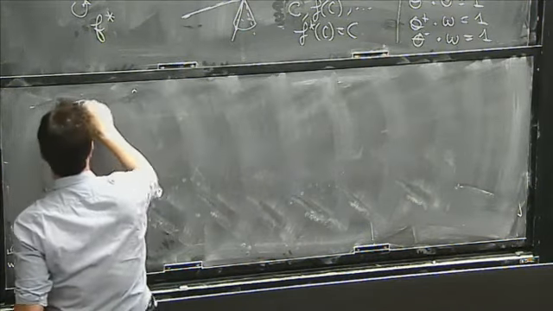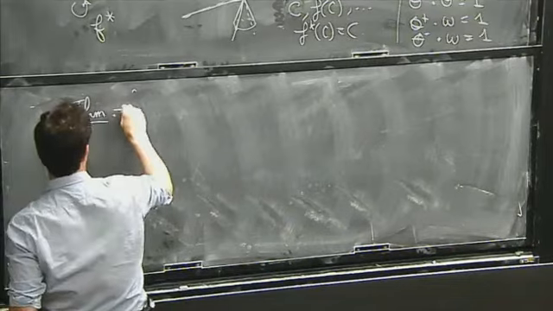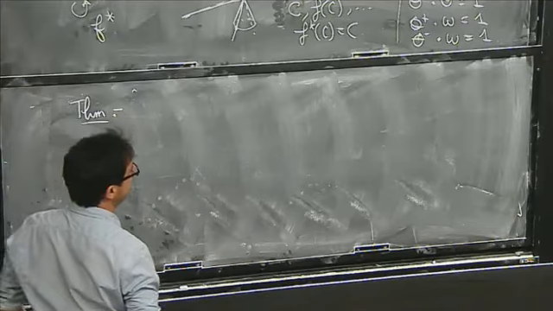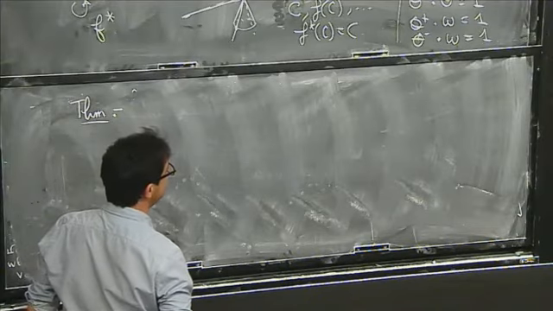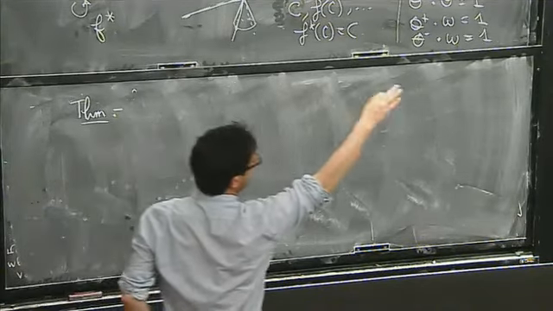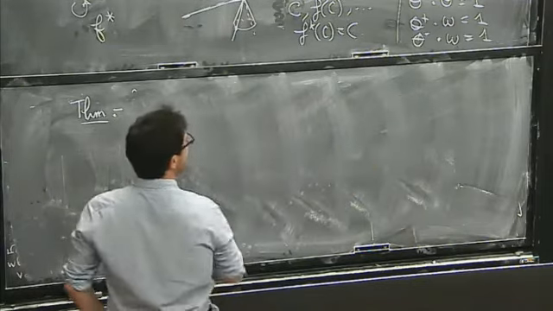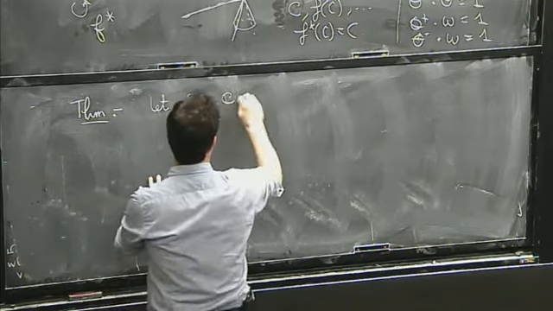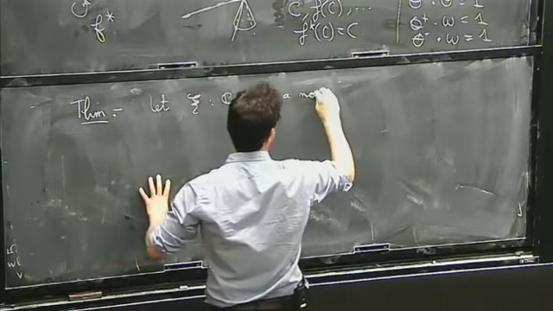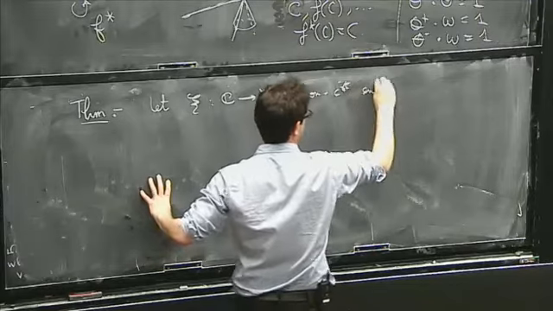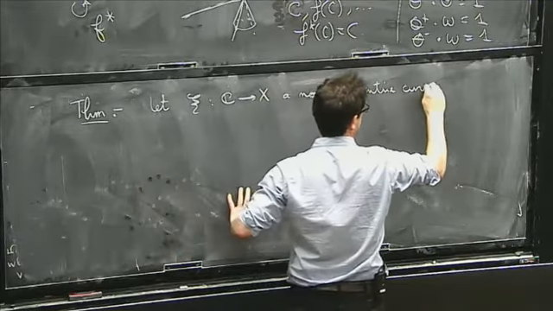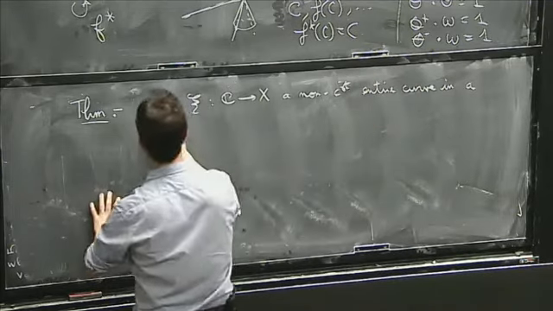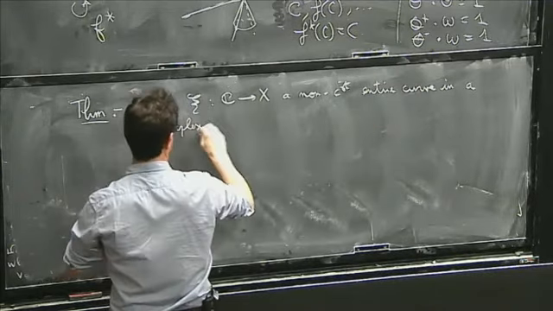And the theorem is the following. So I assume that I have an entire curve. So let C be a non-constant entire curve in, let's say, a complex projective surface.